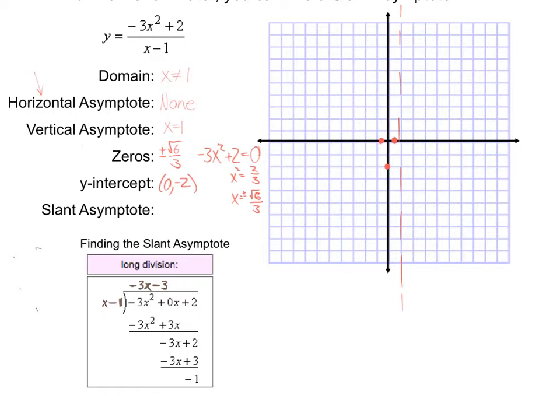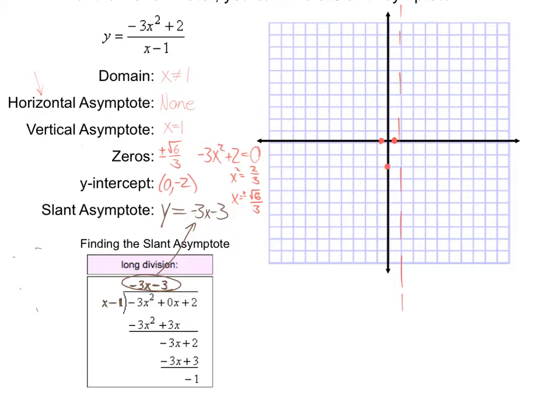But when you do this division, what you get here without the remainder is what y equals for your slant asymptote. So it's going to be y equals negative 3x minus 3. So you don't need to find the remainder. You can just stop. Don't bother going on with the problem, because you have what you need.